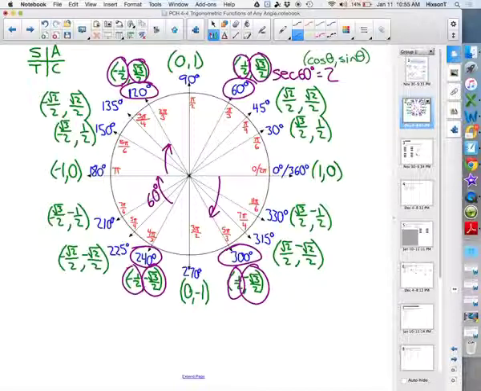Because cosine is negative in the second quadrant. And the secant of 240 degrees is negative 2. And the secant of 300 is 2. So it doesn't just work for the sines and cosines like you can see in the quadrants. It works for all 6 trig functions.